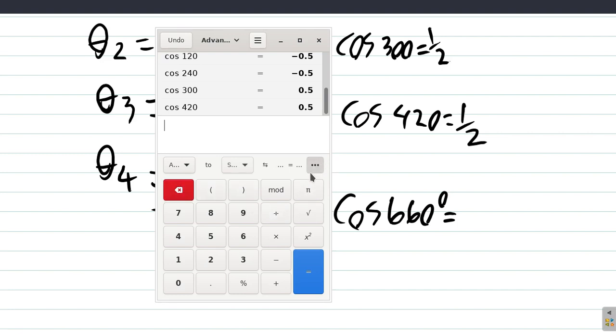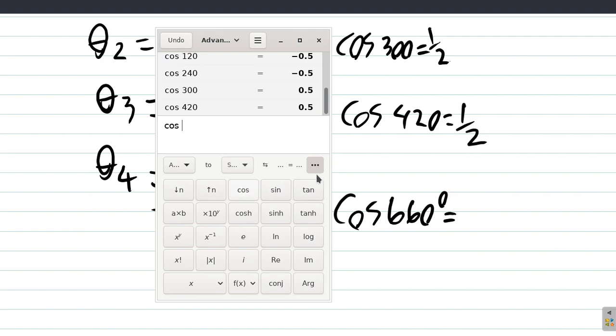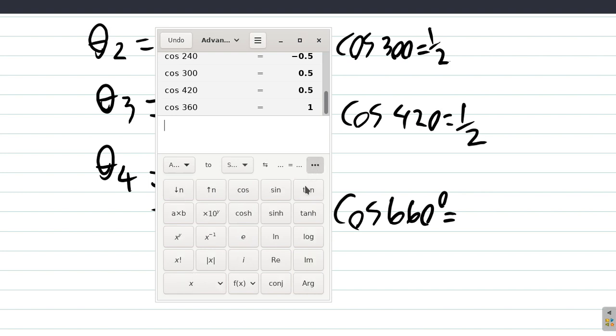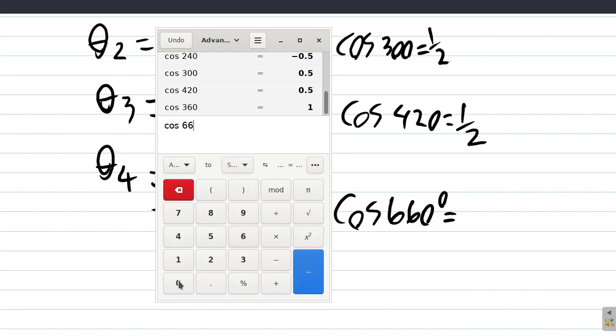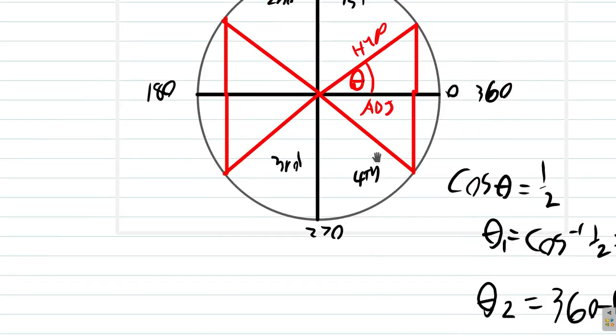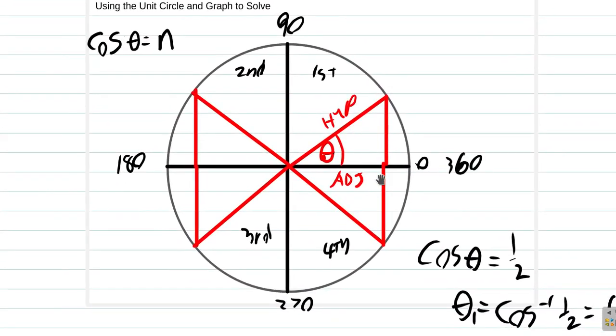Cosine of 660 degrees equals half. And using the same argument, you can go on and on and find an unlimited number of angles such that when you cosine them, you get half.